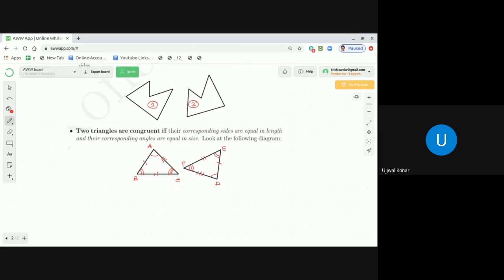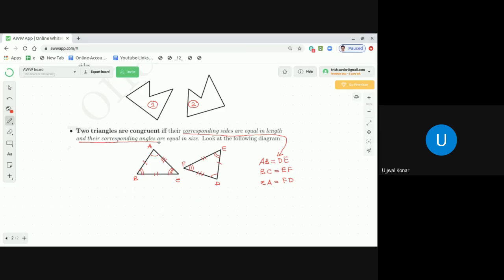That means AB is equal to DE, BC is equal to EF, and CA is equal to FD, and their corresponding angles are equal in size.